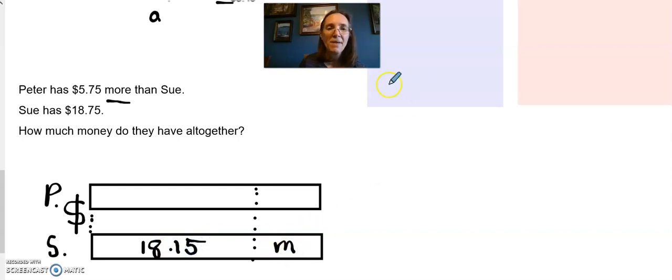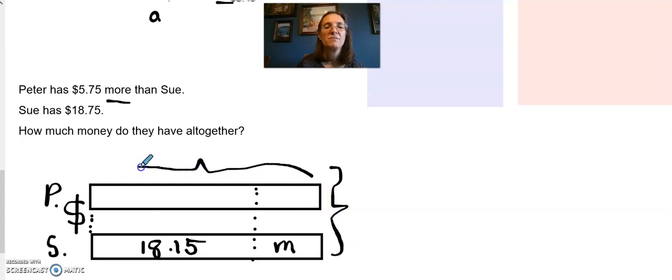So I'm going to do M as my first problem, and then I want to know all of it together. So this will be my first step to find this. There's M. And I'm going to call this question T for total. Let's see how we do that.